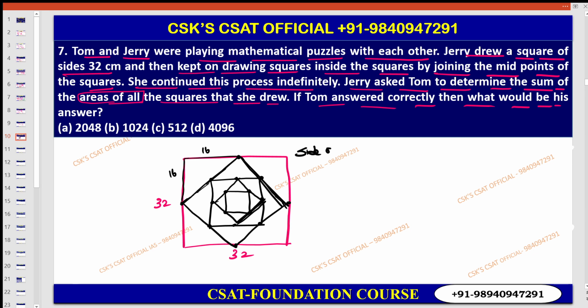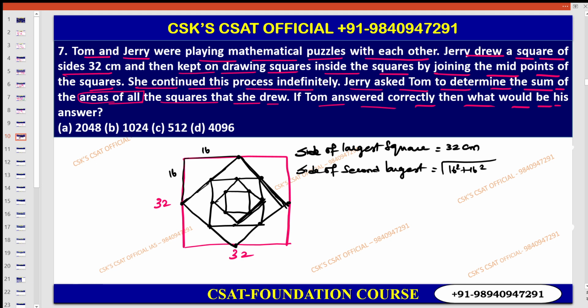So therefore you can see that the side of the largest square is equal to 32 centimeter. The side of the second largest is not 16. Why? Because by the Pythagoras theorem, root of 16 square plus 16 square.